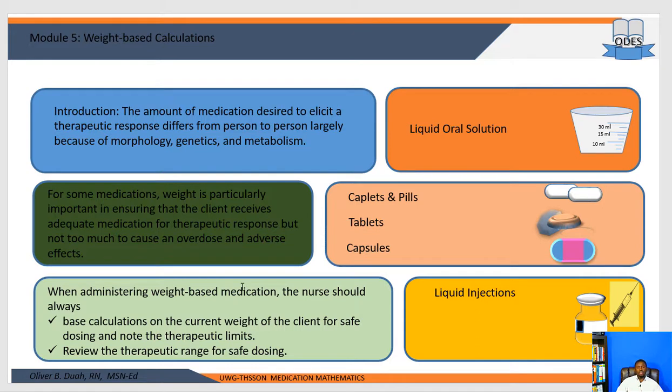Whichever route that we are giving the medication, to calculate the right amount of medication, we have to know the prescribed dose, the client's weight. We also have to know the therapeutic range to make sure we are giving a safe dose to the patient.